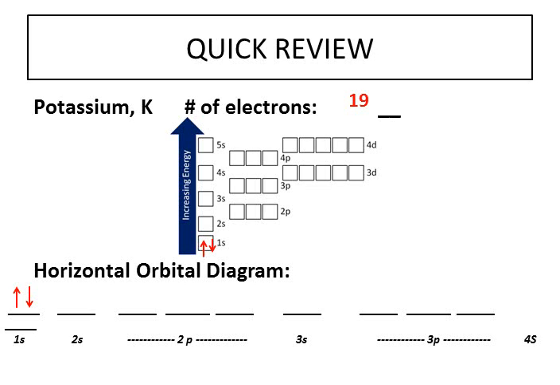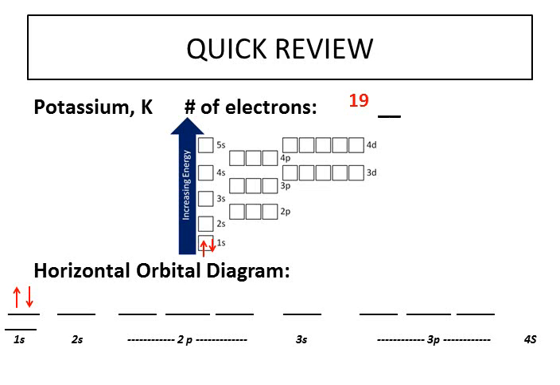It's full, so we have to go to the next box. Which rule tells us that we have to have 2 electrons with opposite spin to fill an orbital? If you thought the Pauli exclusion principle, you are correct.